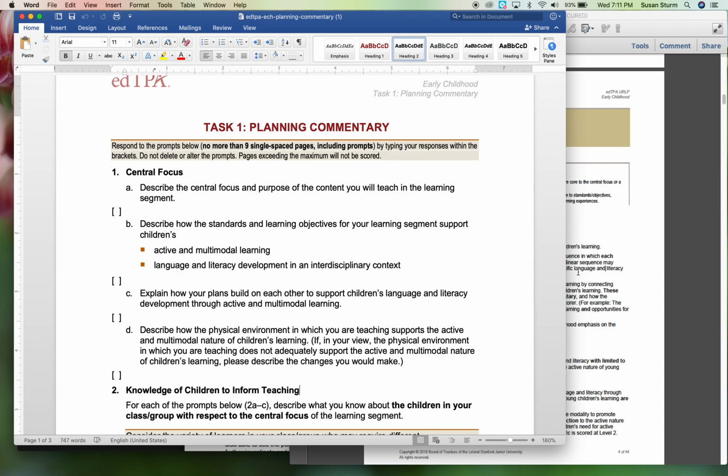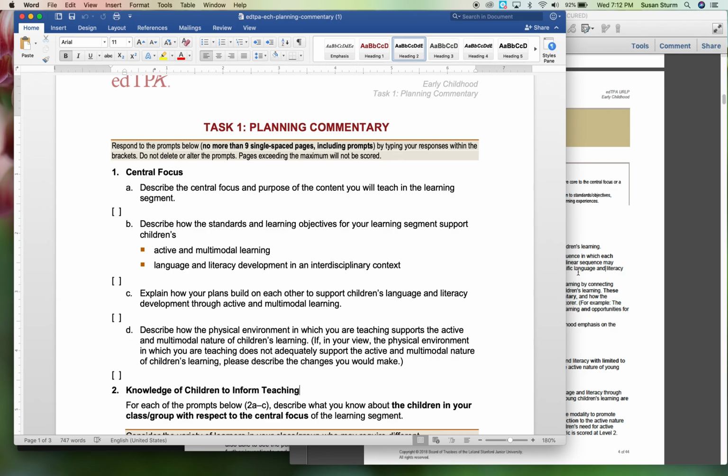And you might have something like participating in a discussion about a text, or language skills, vocabulary related to the seasons, or if you're teaching at one of the upper grades, maybe you're having your students do a writing central focus.